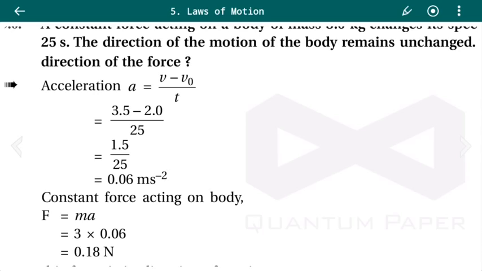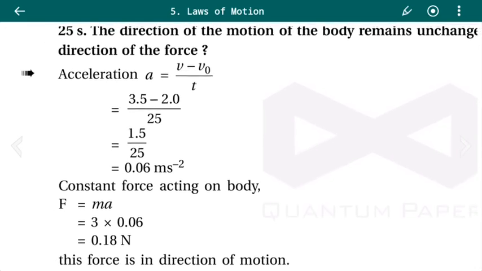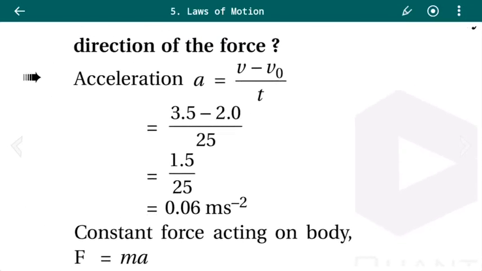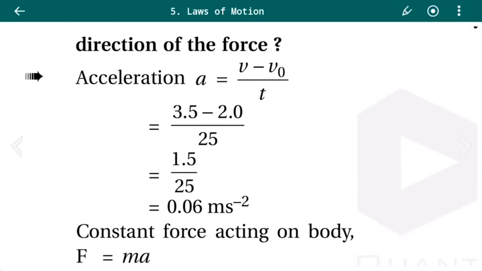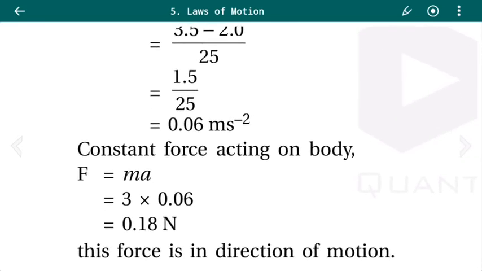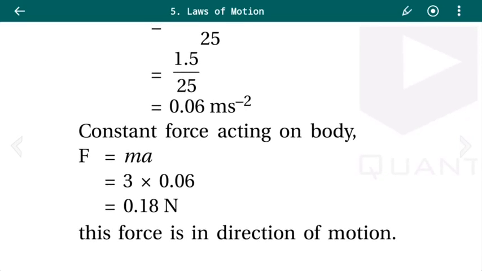Change in velocity, that is final velocity minus initial velocity upon time. So put the values of V, V0 and T in the equation, that is 3.5 minus 2 upon 25, which is equals to 1.5 upon 25. Solving this, we get 0.06 meter per second square. So we get the acceleration value.